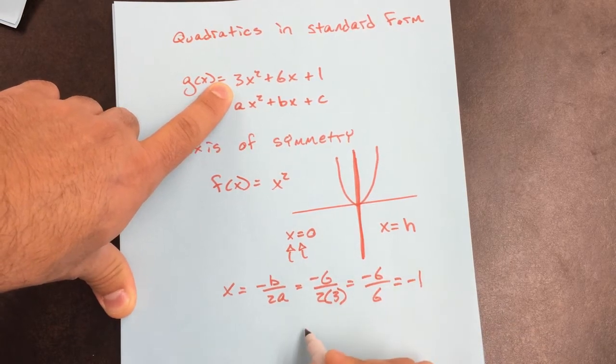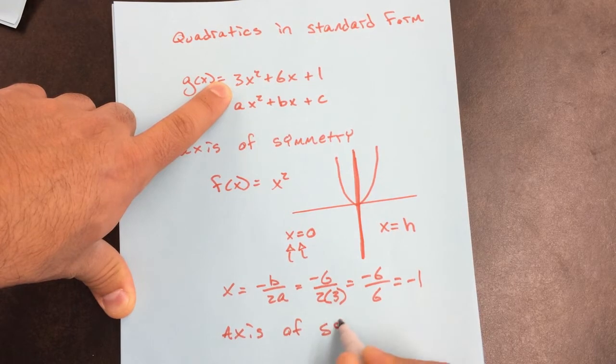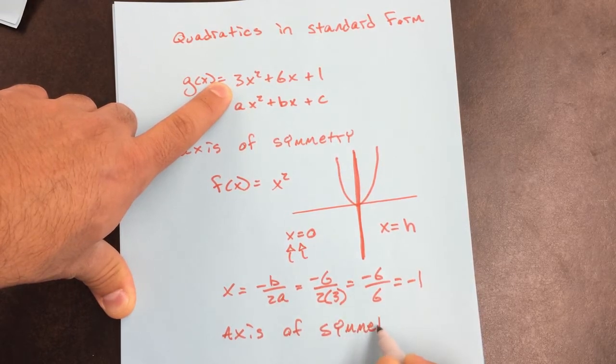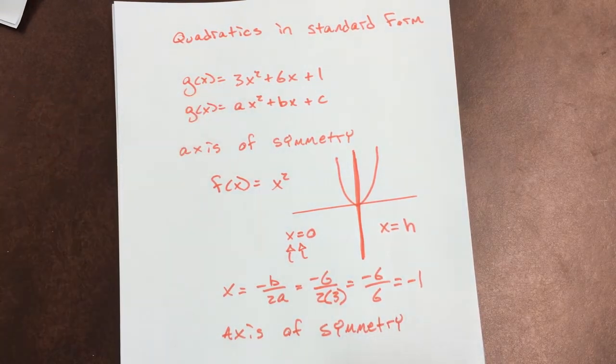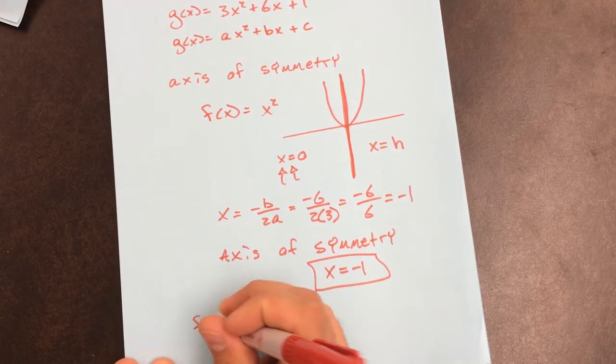And I'm just going to rewrite the equation. The axis of symmetry, where I can fold this parabola in half and it's the same on both sides, is x equals negative 1. Really important that I write it as an equation. Okay? I'll do a couple of examples of those really fast.